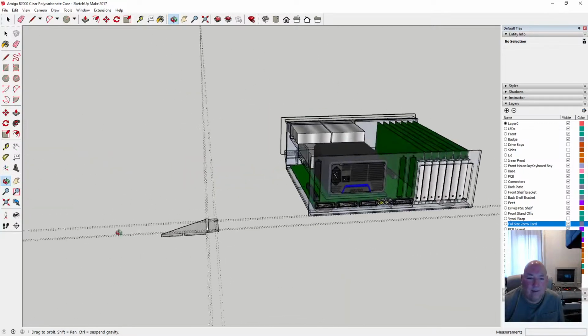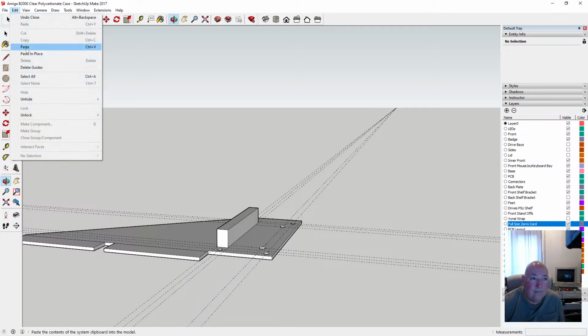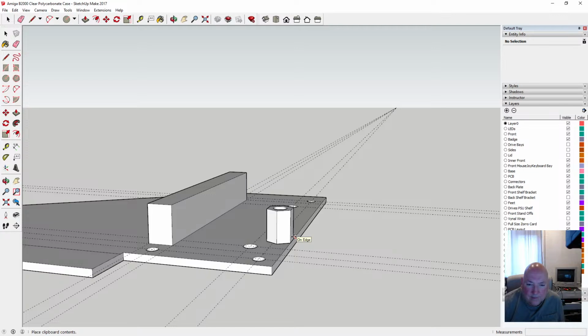Right, let's put them on. Paste. And they've got to be 11mm. And we've got 7mm, so make unique.